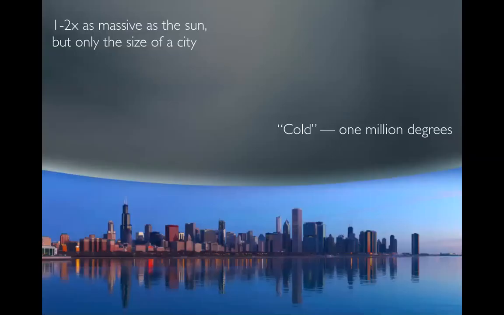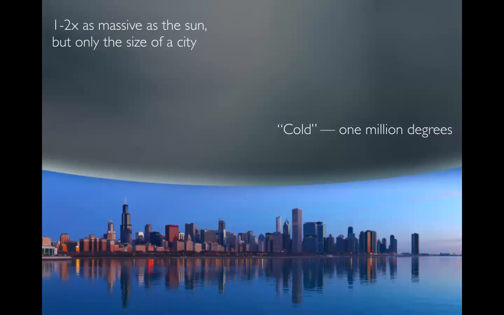But maybe more familiar is, here's downtown Chicago. So neutron stars are one to two times as massive as the sun, but only about the size of a city. So about 10 kilometers radius or diameter, whatever. And then, I actually wrote here 1 million degrees is what we're considering cold here.